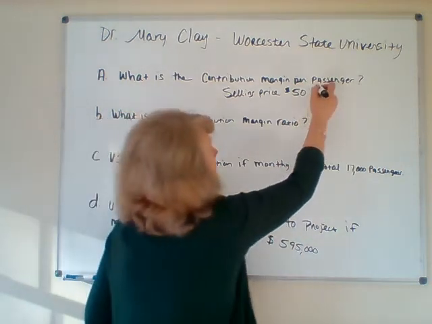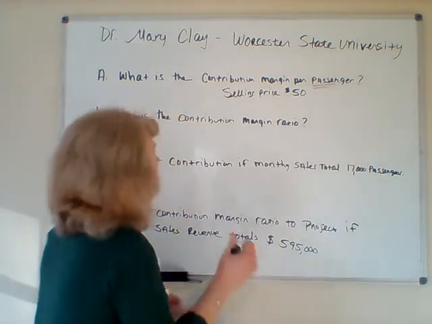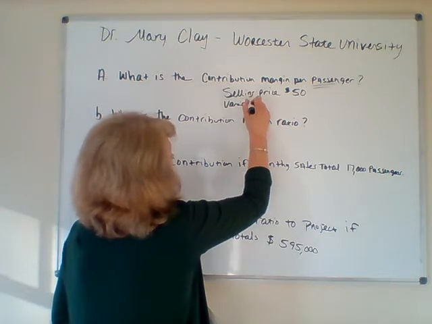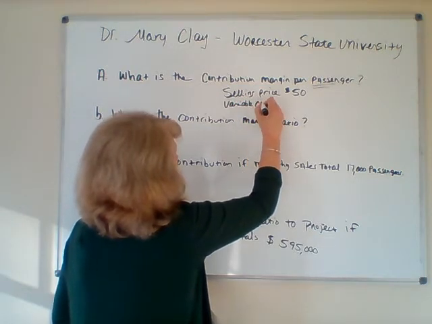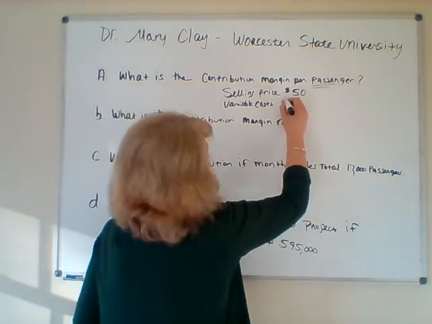Now remember, this particular problem is only looking for one passenger. Next, we're going to take the variable costs per passenger, which is $30.